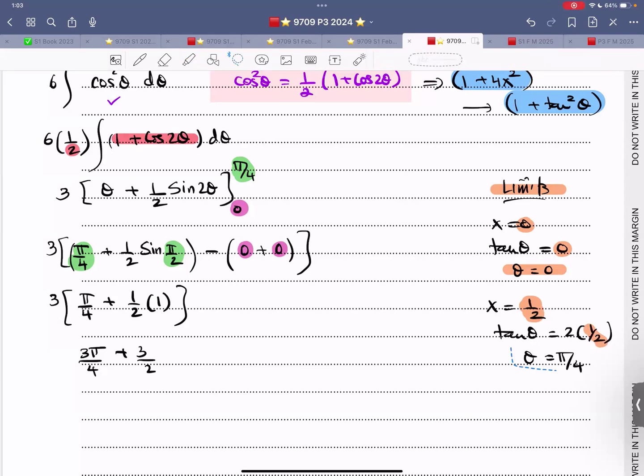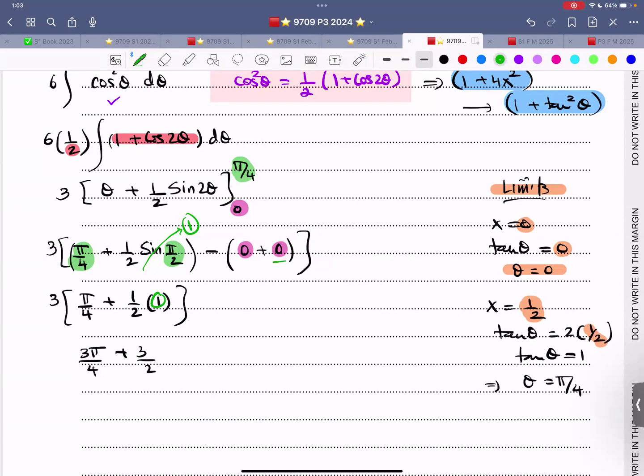Let me again make you work one more step. Tangent theta is 1. Therefore, theta is pi by 4. And then when we plug in over here, make sure 2 times pi by 4 is pi by 2. Sine of pi by 2 is 1. Therefore, we are getting this thing.